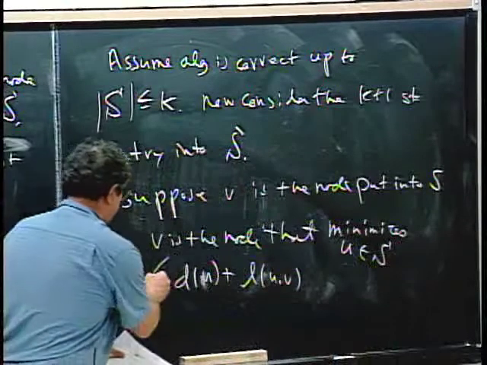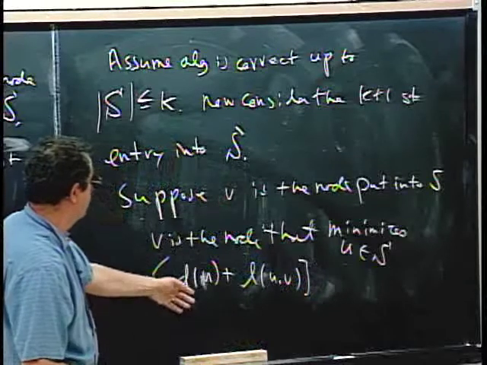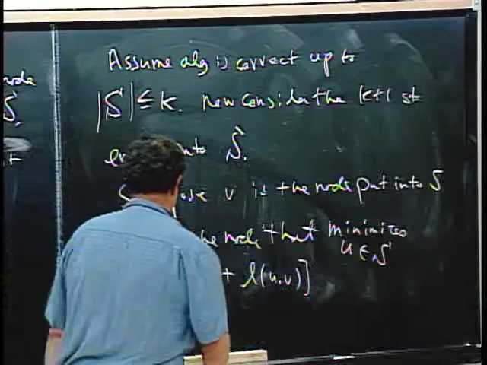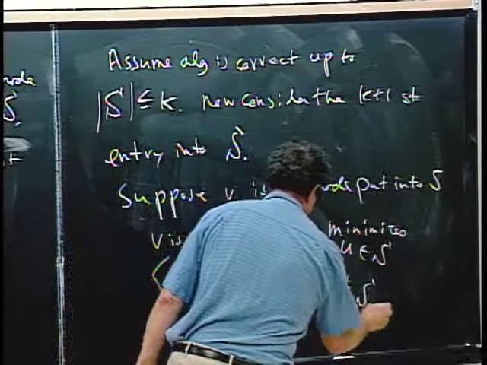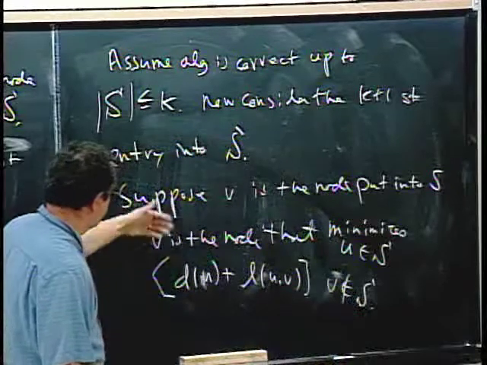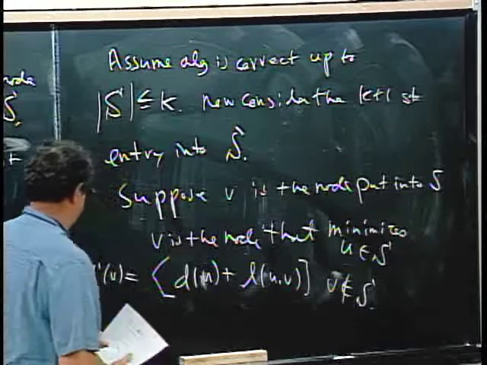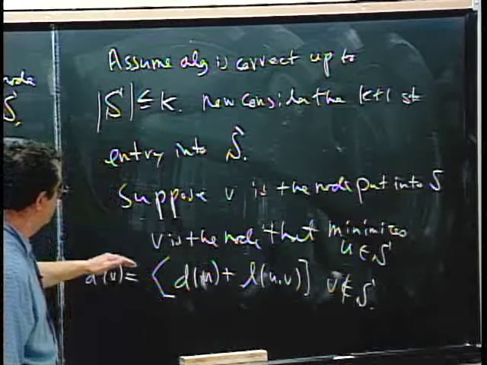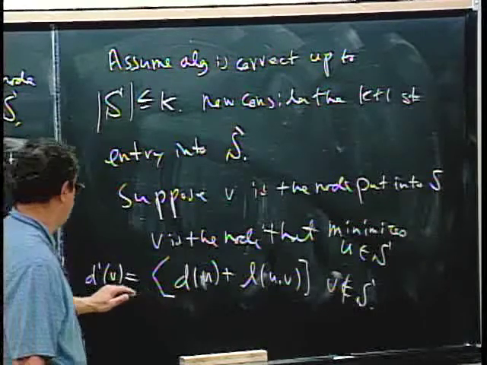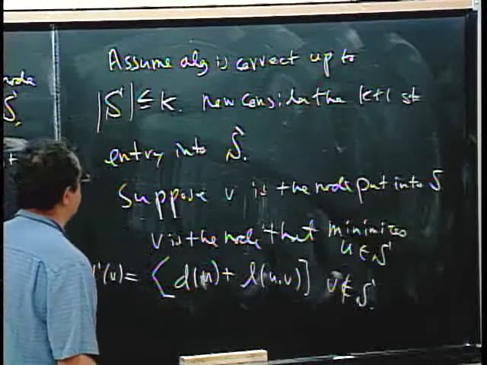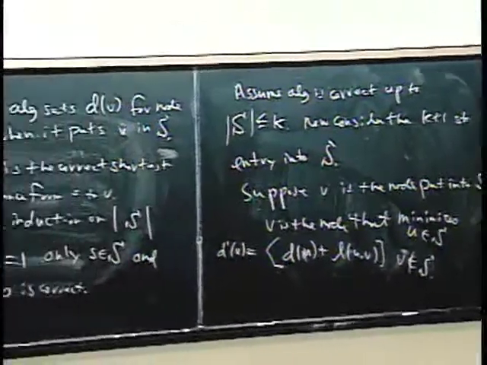So that's what the algorithm picked. It picked the node V that minimizes this over all the nodes that are not in capital S. Okay. And we know that this is D prime V. We want to prove that D prime V is in fact the shortest distance of any of the paths to V. Okay? Well, let's just consider what another path to V looks like. All right? Let's take this over here.